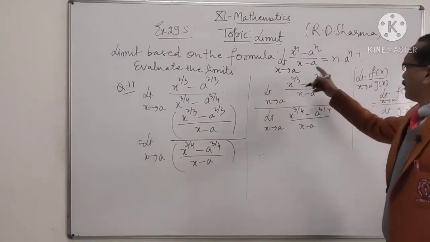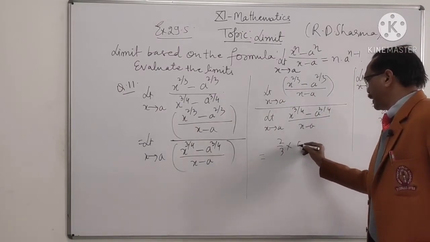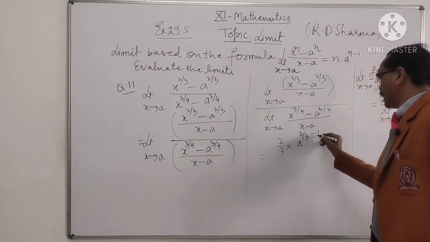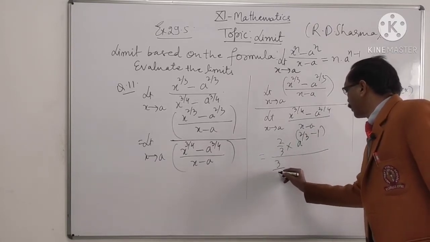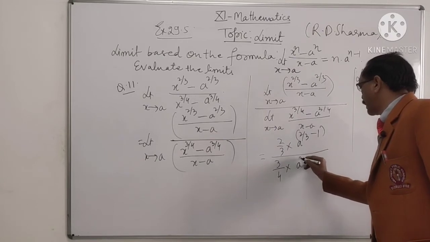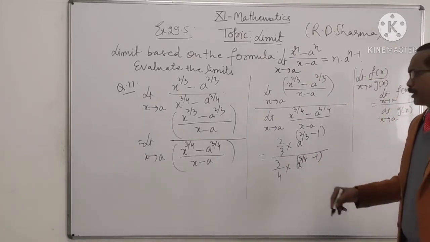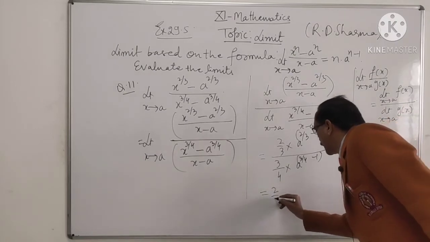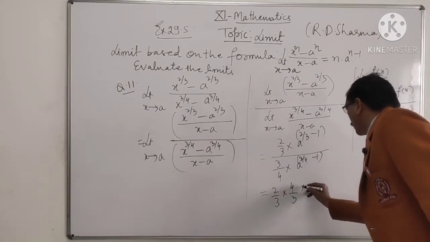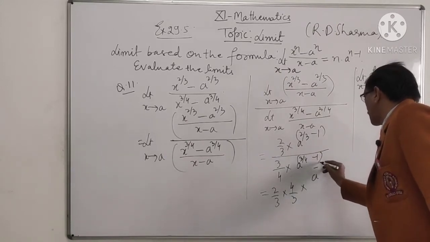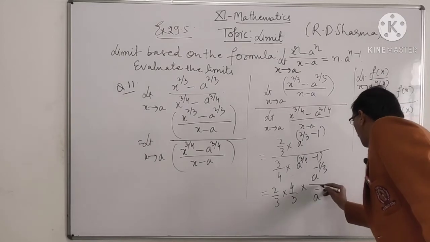Now, the limit of the numerator is 2 by 3 into a power 2 by 3 minus 1 divided by 3 by 4 into a power 3 by 4 minus 1. Now it is 2 by 3 into 4 by 3 into a power minus 1 by 3 upon a power minus 1 by 4.